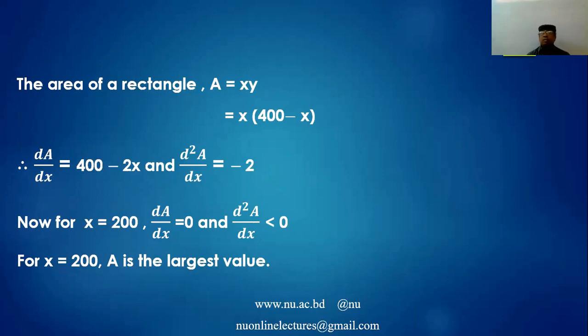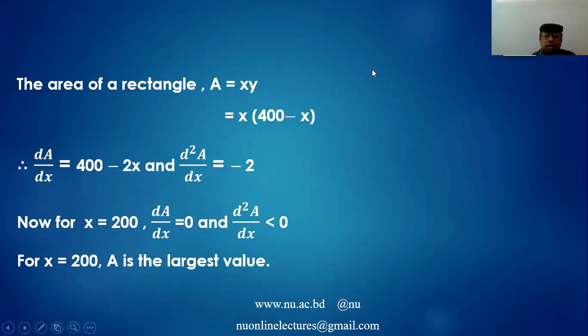A is equal to 400x minus x square. You have to find the first derivative and second derivative. So differentiate with respect to x: dA/dx equal to 400 minus 2x.